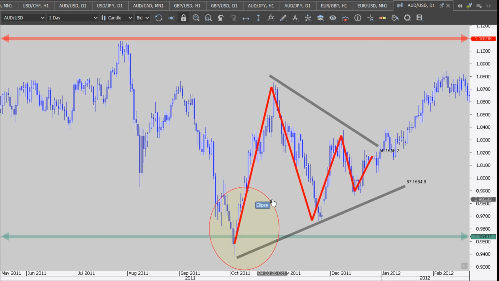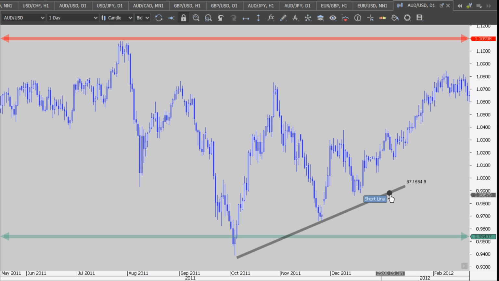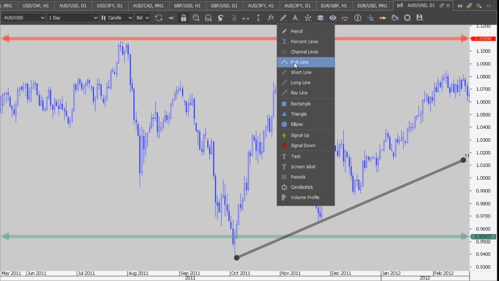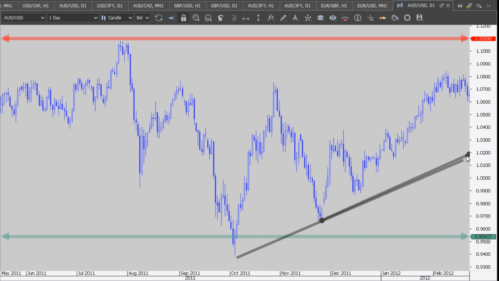Okay, I'm going to delete the circle, delete this, this is the uptrend line. We want to go short. And another one, if you want, like in here, right? And another one like in here.